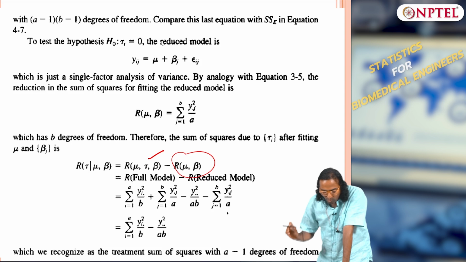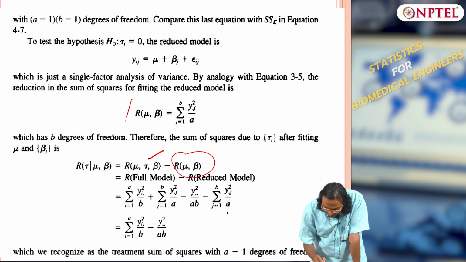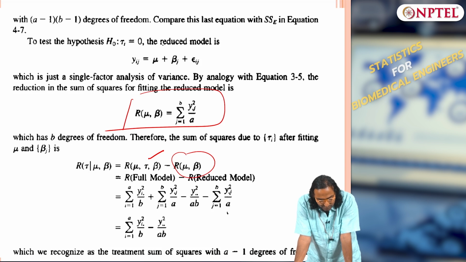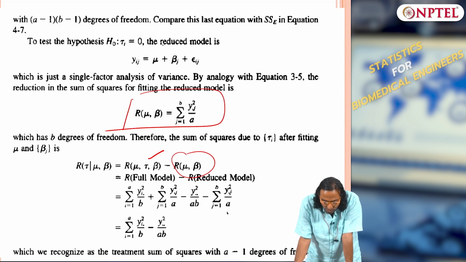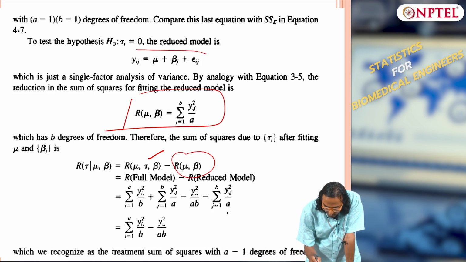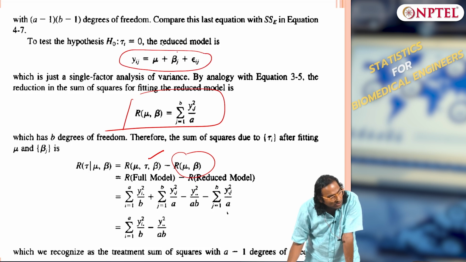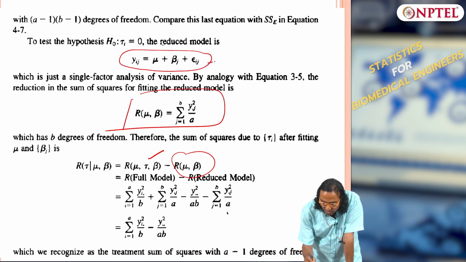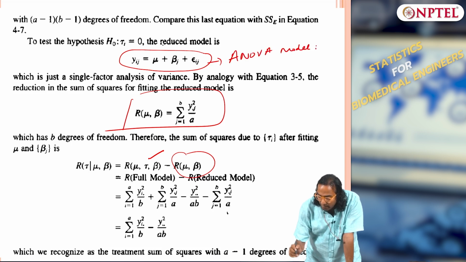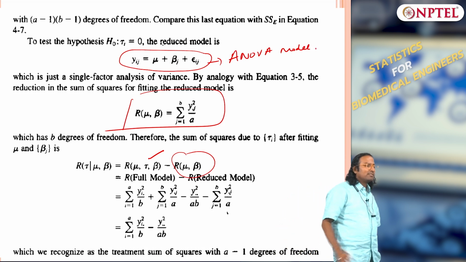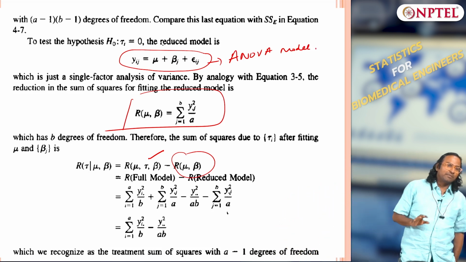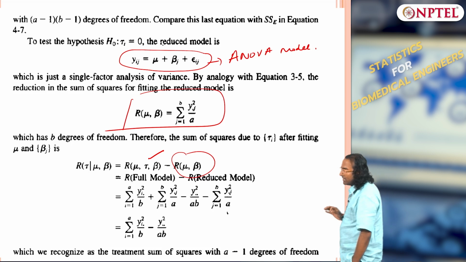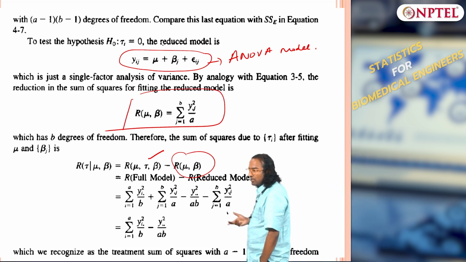R reduced model, R(mu, beta), how can I get this? You can do a single ANOVA with tau i equal to 0. This is your ANOVA model where I have removed the treatment itself and I am writing the model as y ij equals mu plus beta j plus epsilon ij.